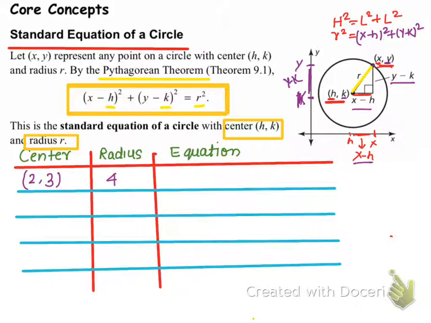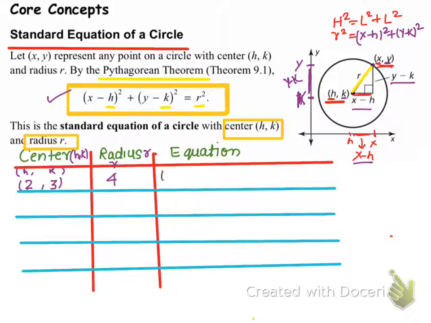So center means I'm talking about h k. Radius means r. So if I'm taking the center as 2 comma 3, the value of h is 2 and the value of k is 3, and r is 4. So just plug it in the top equation here.